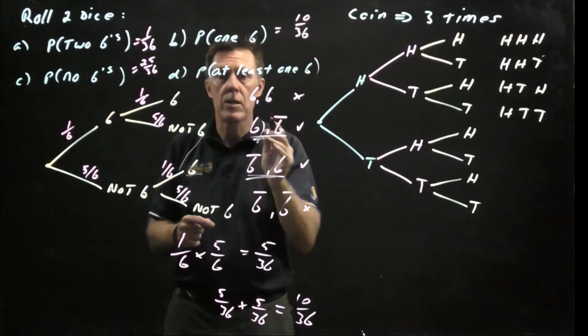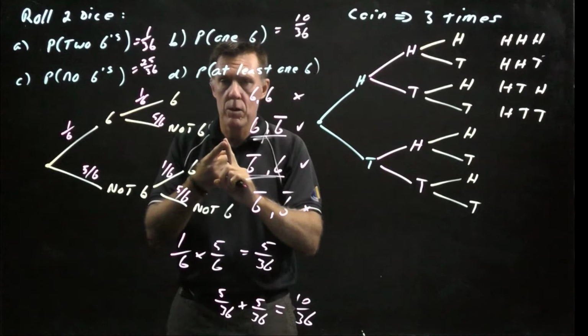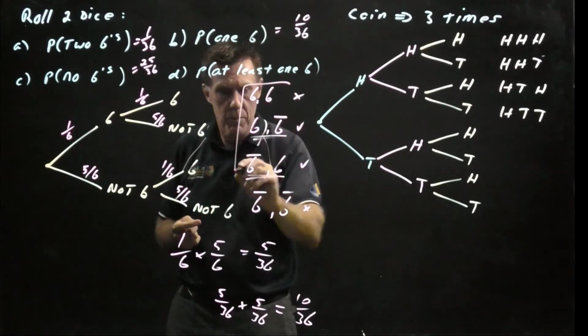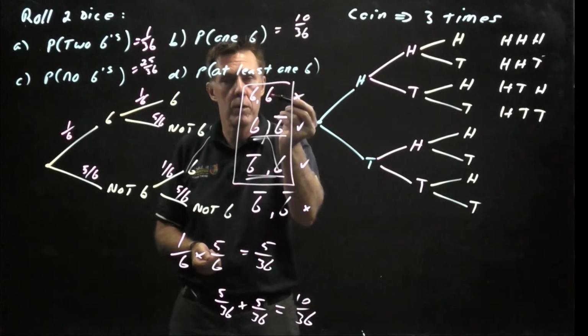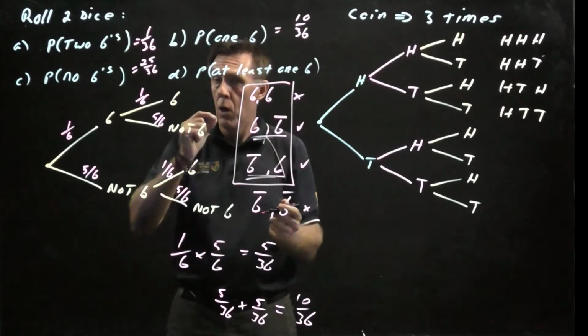Now D, at least 1 6. At least 1 6 could be 1 6 or 2 6s. So that would be those three situations there. So I'm going to do the probability of that, plus the probability of that, plus the probability of that.